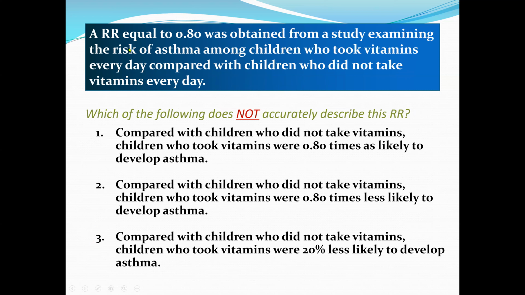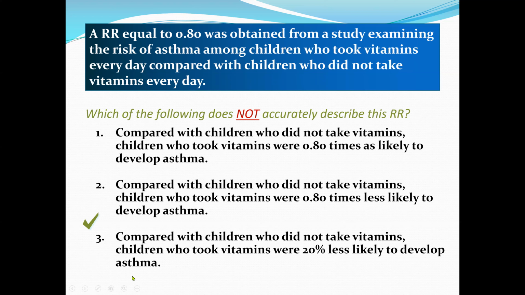So another question we have: RR equal to 0.80 was obtained from a study examining the risk of asthma among children who took vitamins every day compared with children who did not take vitamins every day. So taking vitamins will be our exposed. Now we can see the value is 0.8, which means it's less than 100%, and the difference will be 0.20.